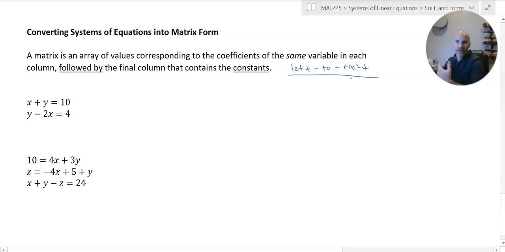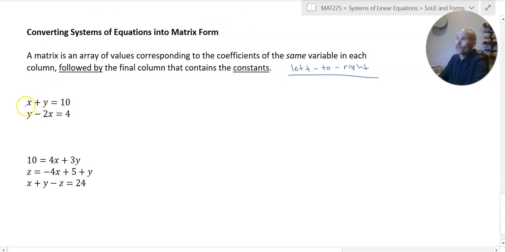It doesn't matter whether you want to do the y coefficients first and then the x coefficients, but the first column needs to contain coefficients for the same variable. The next column to the right needs to contain coefficients for the other same variable. And then finally, once you run out of variables, the final column needs to be the set of constants that we have.